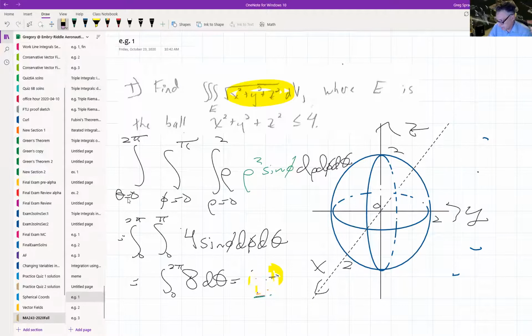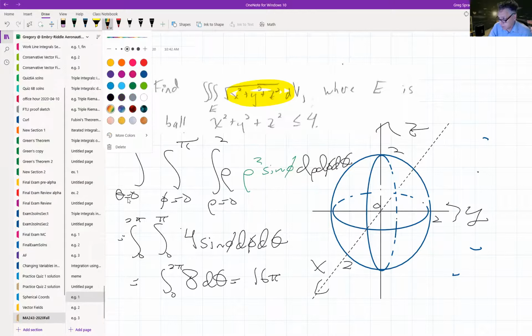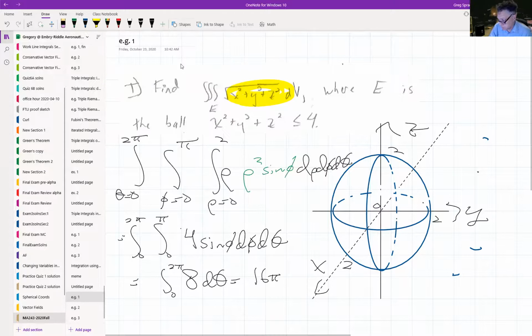I did everything right except for the easiest part, which is the last integral. To integrate a constant, that's the constant times the length of the interval, which is 16 pi, not 8 pi. That's today's duh moment. Sorry about that.